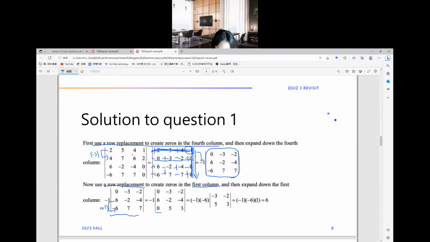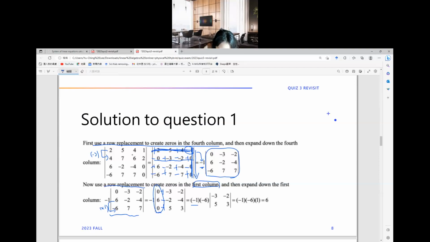And then I continue to do the cofactor expansion following the pattern plus, minus, plus, along the first column of this 3 by 3 matrix. So the -1 is still there. But then for this 3 by 3 matrix, I have 0 times the 2 by 2 matrix determinant. I don't care about that.